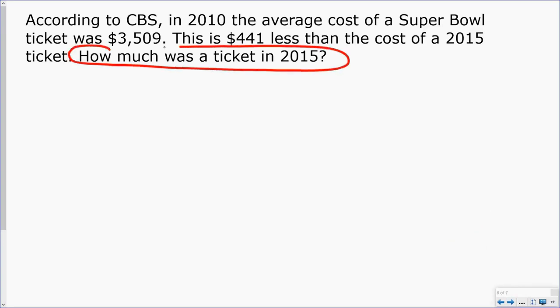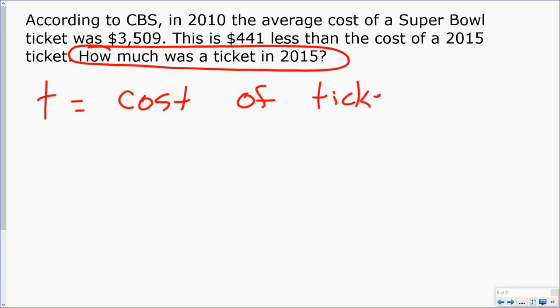My question here is, how much was a ticket in 2015? Well, I'm going to use T for cost of ticket in 2015. And again, my equation needs to equal that amount.